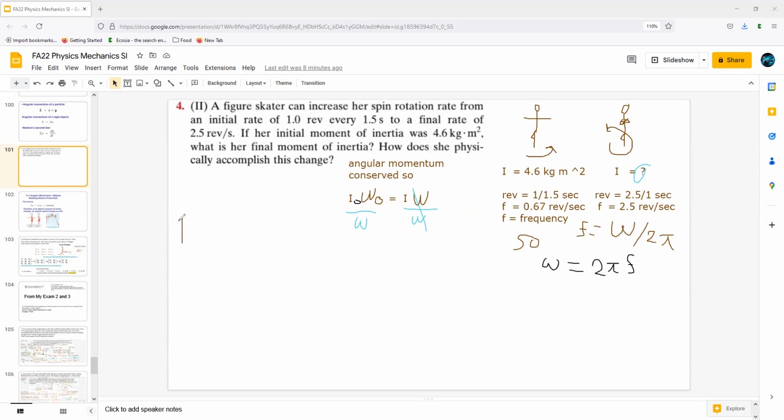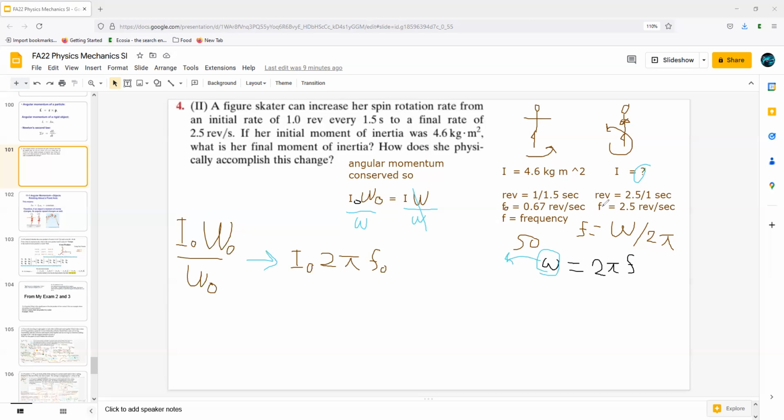So then you have the initial moment of inertia times the initial angular velocity over the new angular velocity. And then from there, you plug in the omega equation that we made or remembered. So then I initial times 2 pi f naught, right?